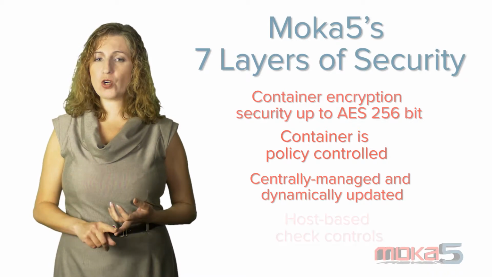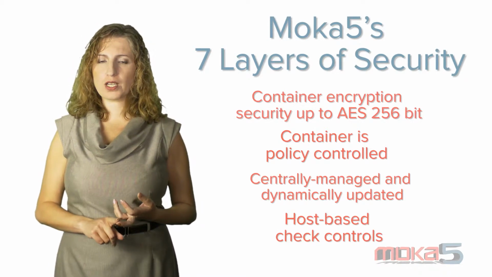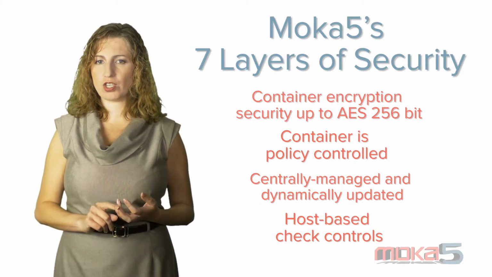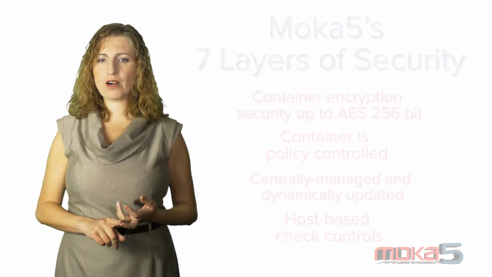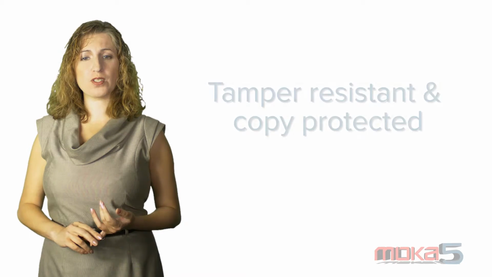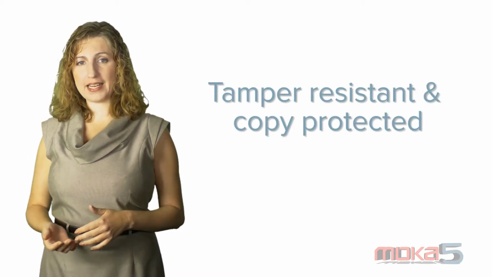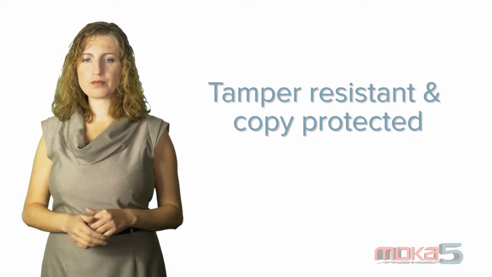It has host-based check controls and AV, so before the container can ever be launched and decrypted, we verify that there's at least a minimal set of security capabilities on the host, that it's not infected by malware, for example. In addition to these capabilities, the container itself is tamper-resistant and copy protected so that it cannot be moved or edited by the end user.